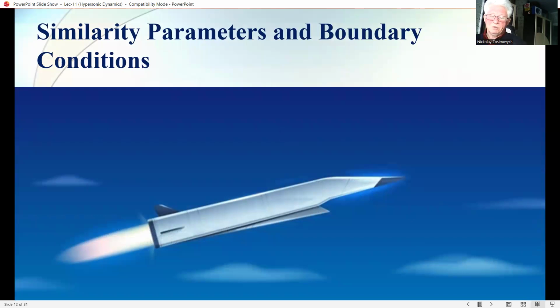Now, the next topic in today's lecture: similarity parameters and boundary conditions. As a precursor to the boundary layer equations to be discussed in the next module, and as a means to highlight the important similarity parameters for a viscous flow, it is useful to have a non-dimensional form of the Navier-Stokes equations.